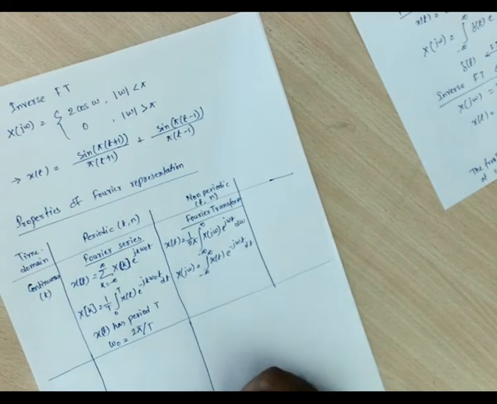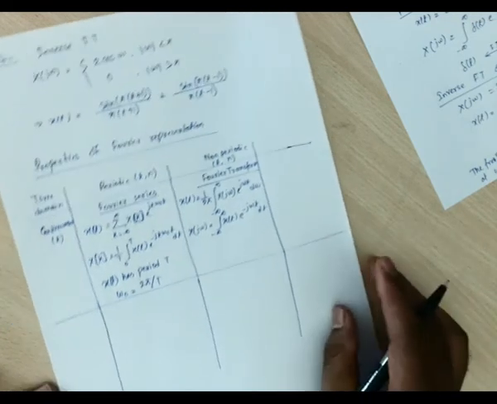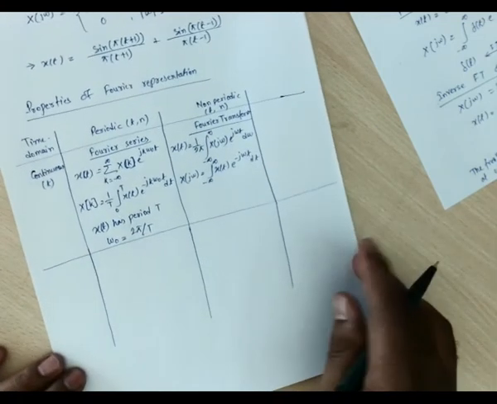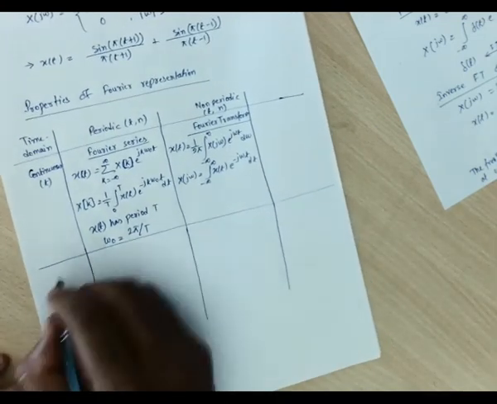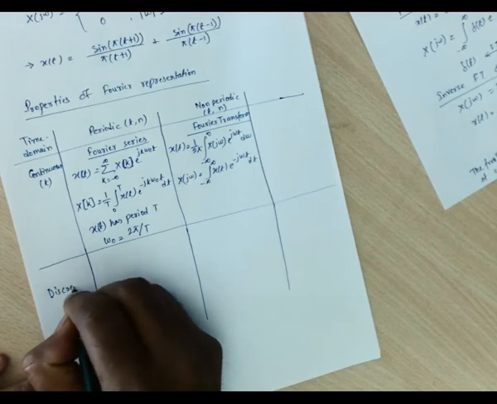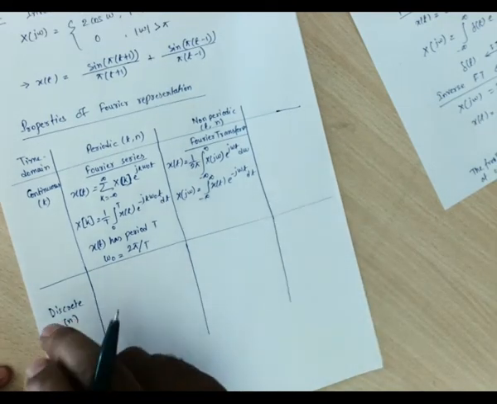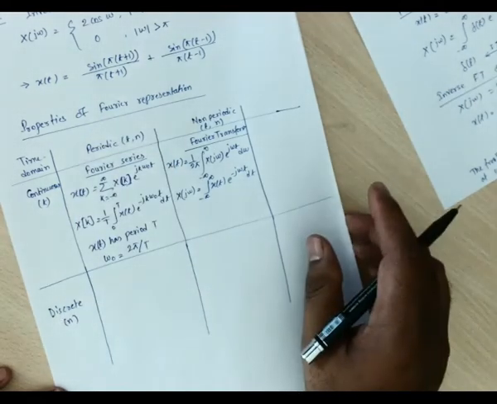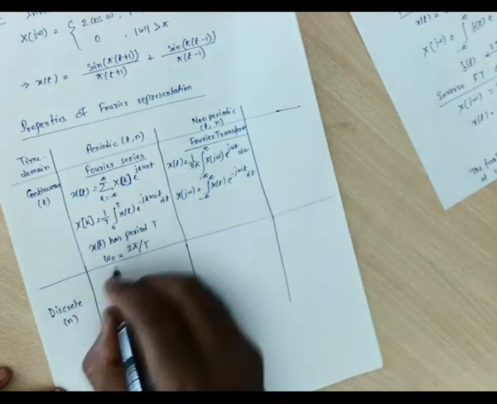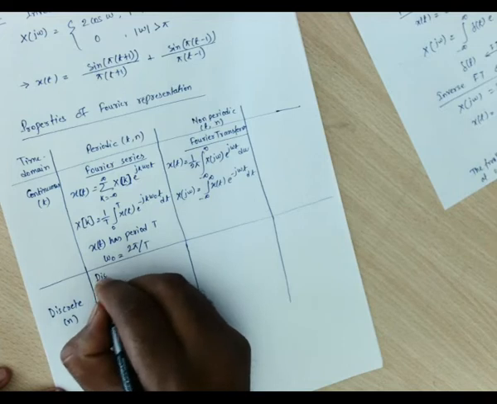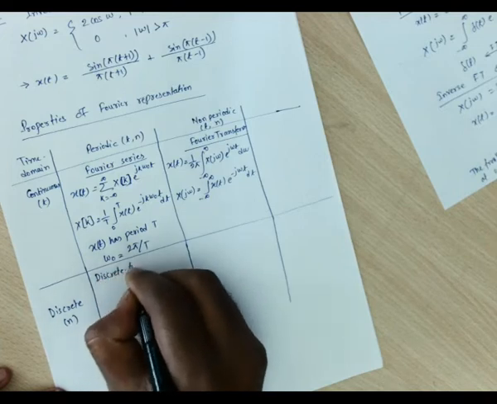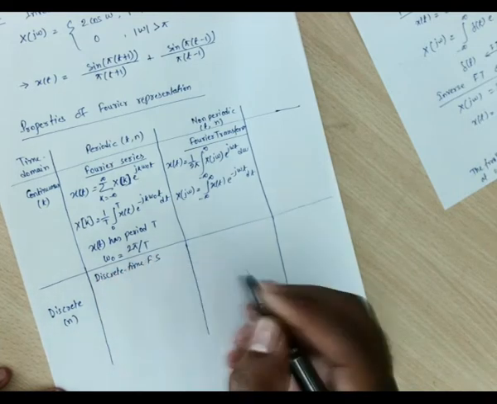Next, if we go with a discrete time signal, that is n. If it is discrete and periodic, then it is known as DTFS, discrete time Fourier series.